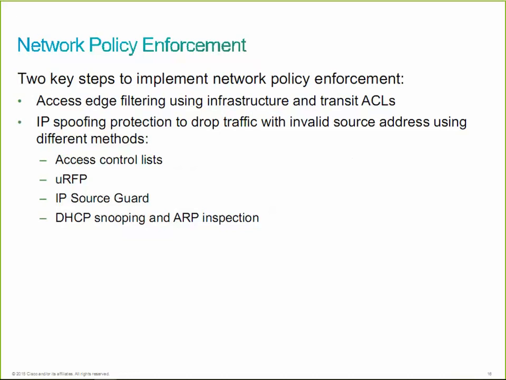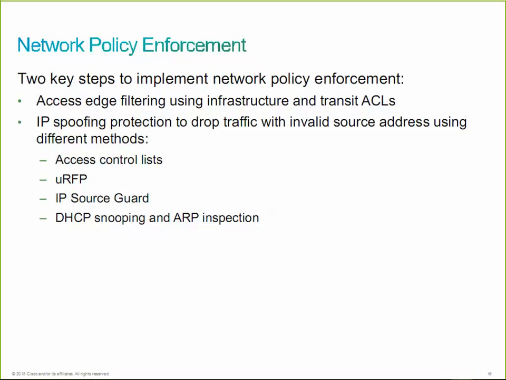Right? They need to be discarded as close to the edge of the network as possible. This is going to minimize the risk of our exposure, and it's going to ensure that we're not wasting bandwidth, wasting resources, processing data that should be dropped eventually anyway.